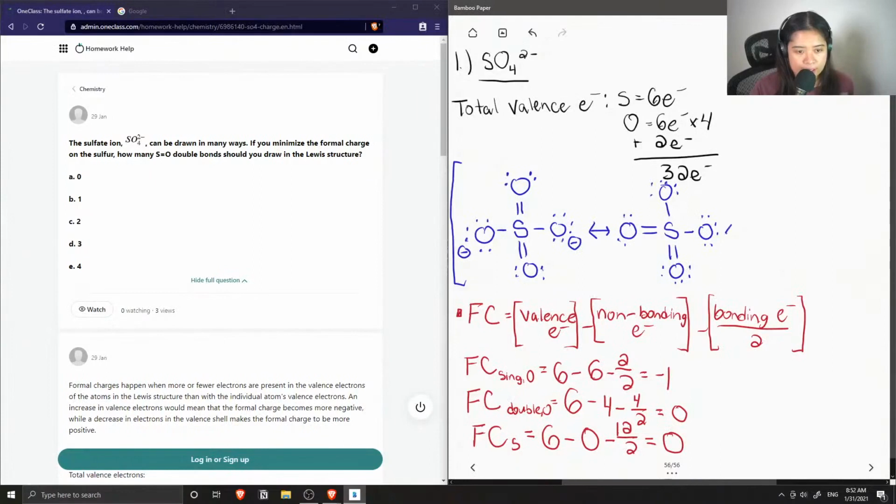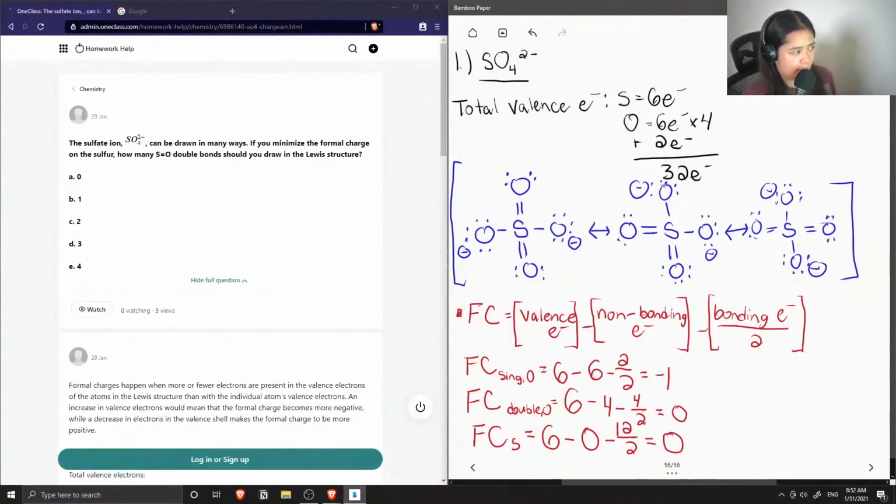And it's basically just experimenting with all the different ways double bonds can be formed for this ion. Okay, so here's an example of 3 different resonance structures.